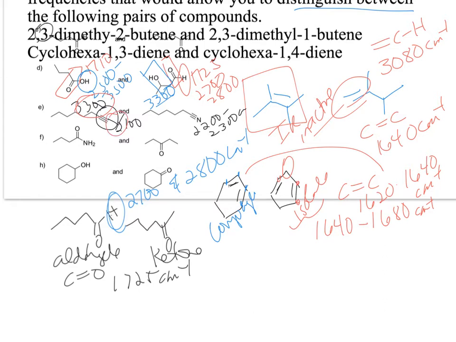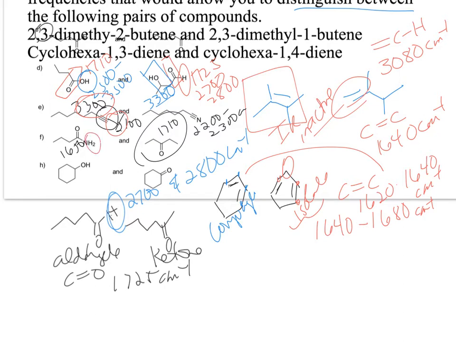Okay, so we have an amide versus a ketone. The amide carbonyl is going to be at lower frequency than your ketone. So this carbonyl is going to be around 1650, whereas this carbonyl is going to be more like 1710. You're not going to see any more peaks for that ketone.